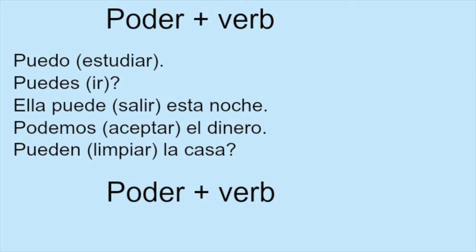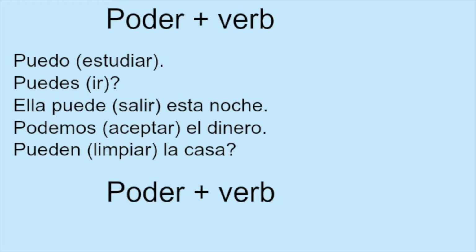Now, I want you all to keep in mind, even though "to" plus the verb is the direct translation of estudiar, ir, salir, aceptar, limpiar. For example, aceptar is to accept. It doesn't just mean accept. However, in this case, it does mean that. The "to" is omitted. So, for example, if I ask you, hey, can you cook? Puedes cocinar? I'm not saying can you to cook.